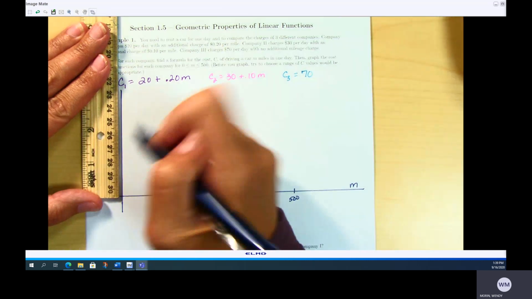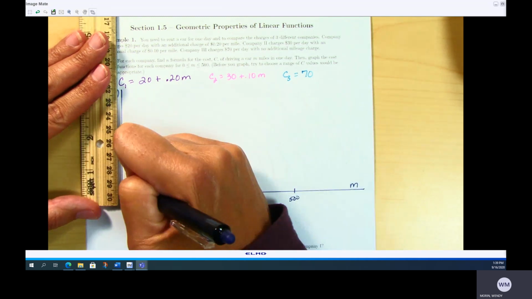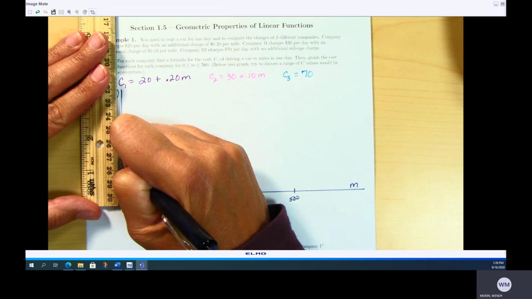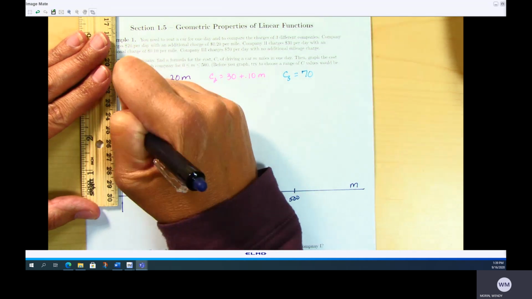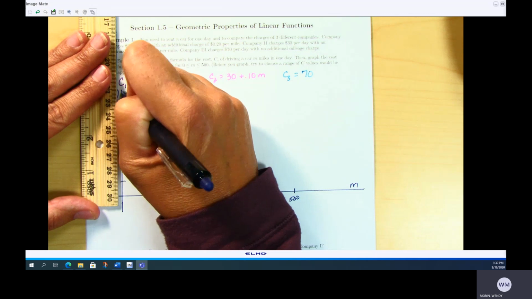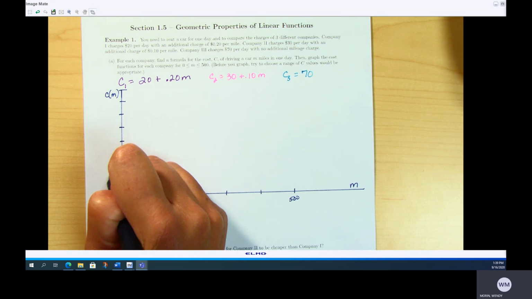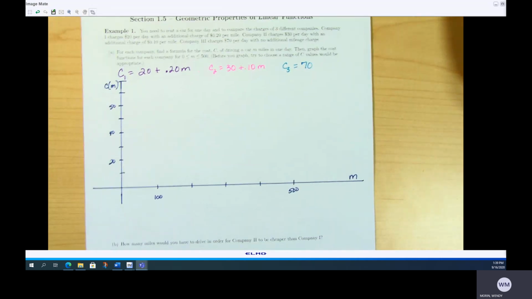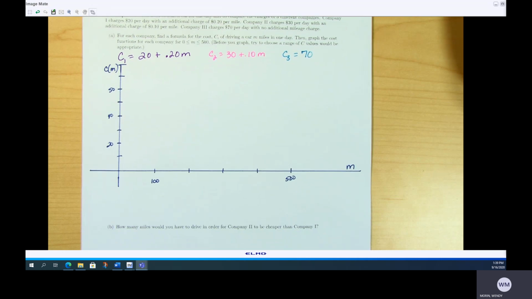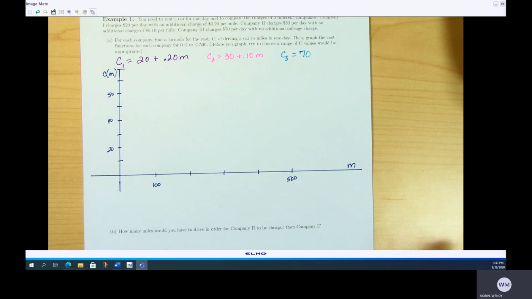So let's start here: 10, 20, 30, 40, 50, 60, 70, 80. So we're going by 10. They don't have to be the same on the x and the y, as long as they're equal increments here, equal increments here. Okay, so let's start by plotting the first graph.